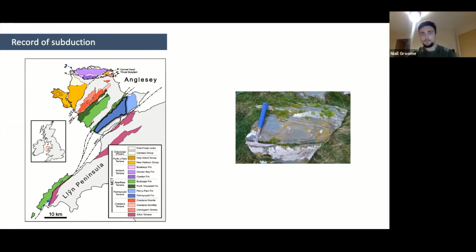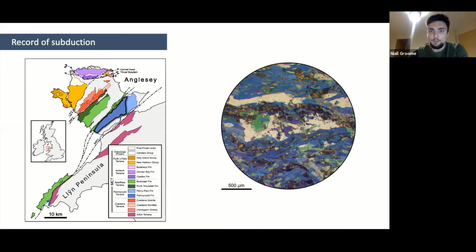It's not particularly exciting in the field or particularly blue, but in thin section we can see this really nice blue coloration. This is a mineral called glaucophane. And glaucophane is a species of amphibole. Amphibole is a pretty complex mineral with lots of different species related to subtle chemical changes which reflect their environment.